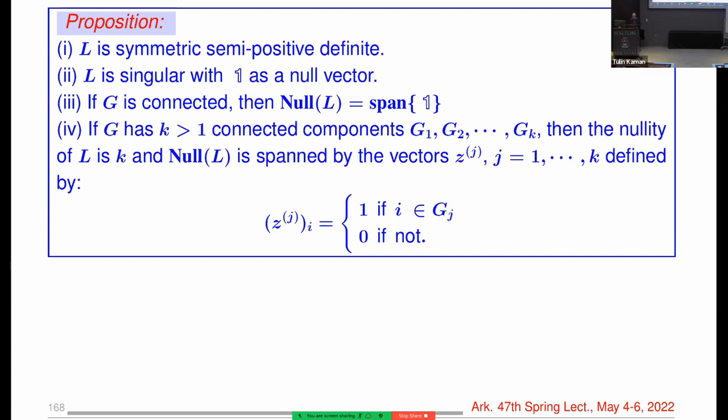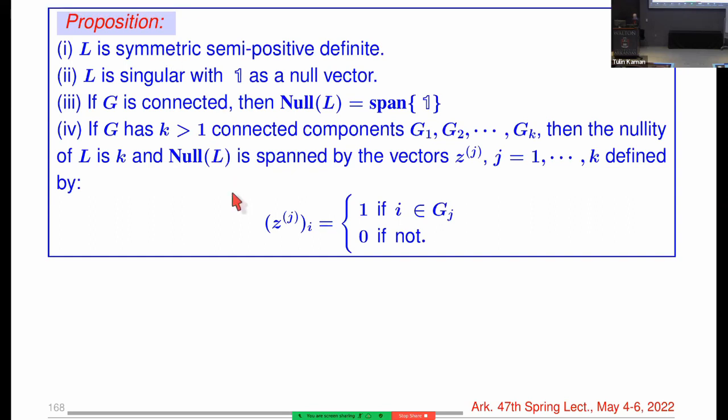So if G has K connected components, G1, G2, up to Gk, then the nullity of L is K, so the dimension of the null space is K. And the null space of L is spanned by the eigenvectors Zj that are defined here.